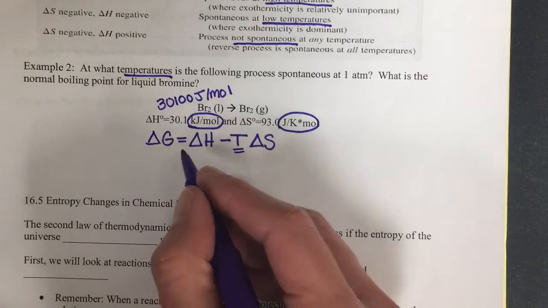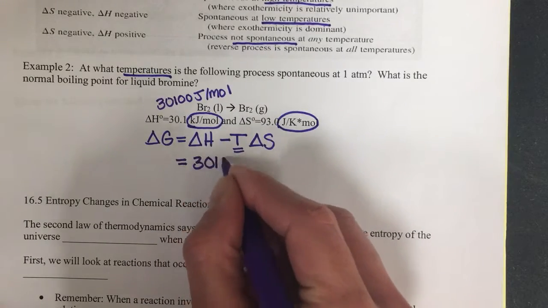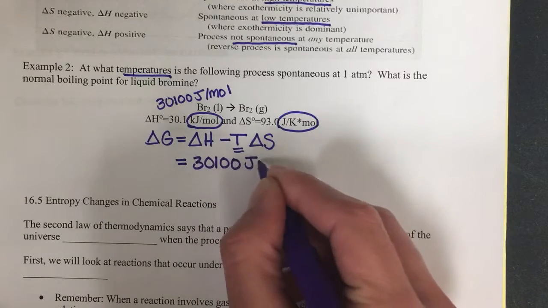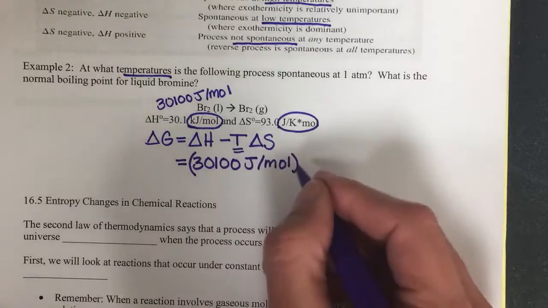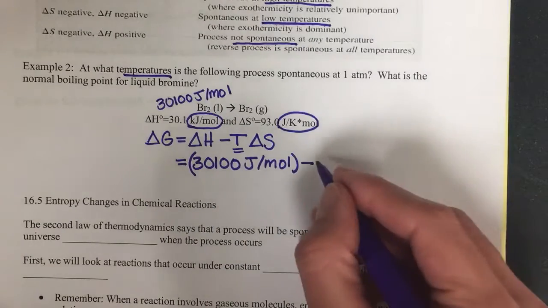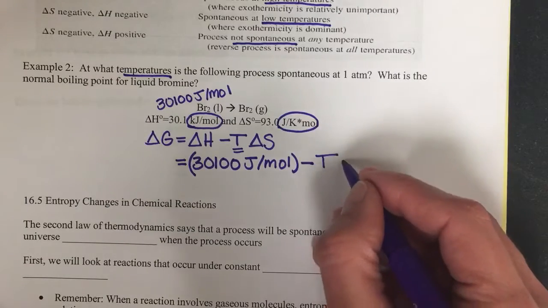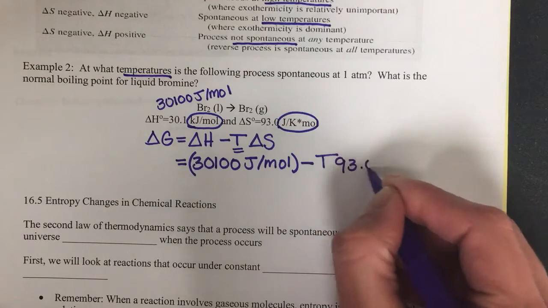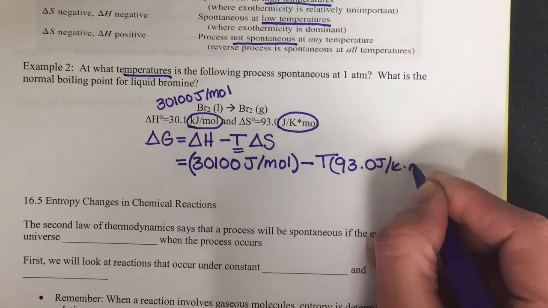Okay? So delta G is equal to delta H minus T. I don't know what my T is, that's what I'm solving for, times delta S, that's 93.0 joules over K mole.